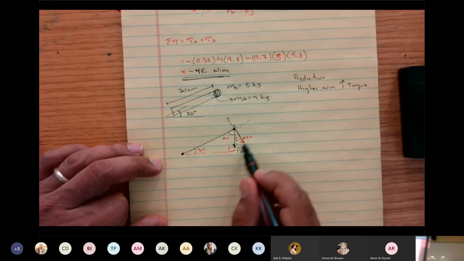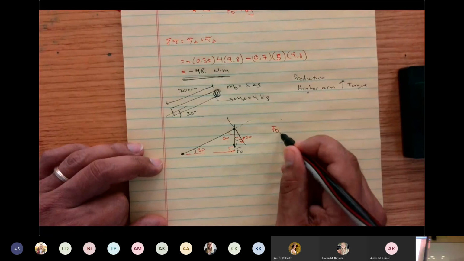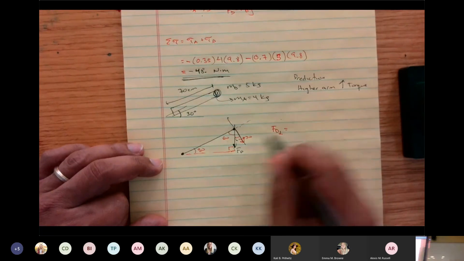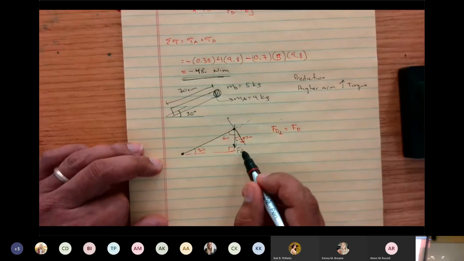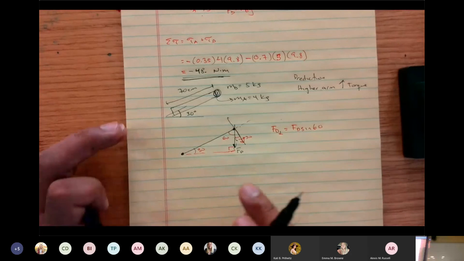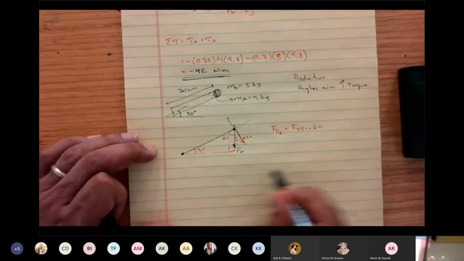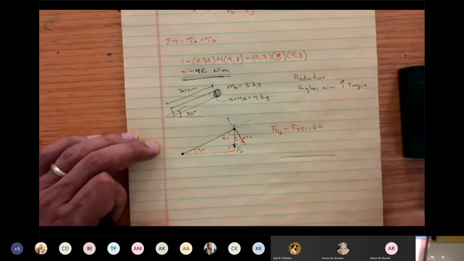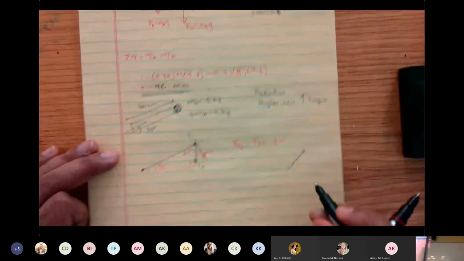So the perpendicular component of the dumbbell is going to be the weight of the dumbbell times either sine of 60 or cosine of 30. When we were talking about the definition of torque, we have an axis, and then we have a force, and we have two angles here.